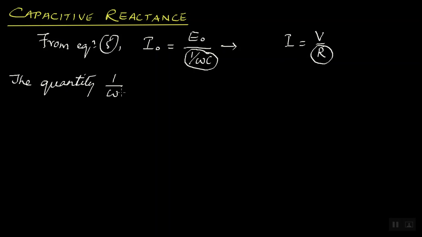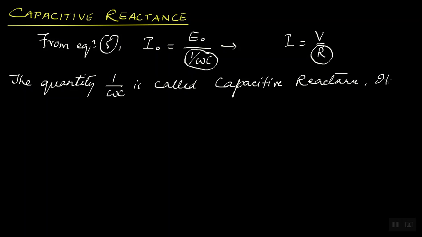Okay, so the quantity 1 by omega c is called capacitive reactance. Okay, it is denoted by xc. So therefore xc is equal to 1 by omega c.